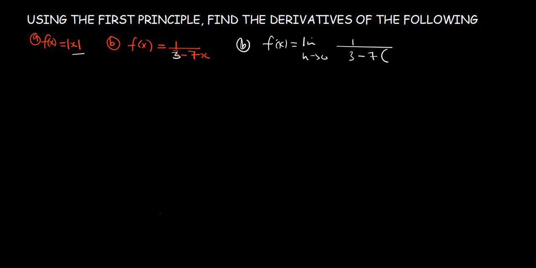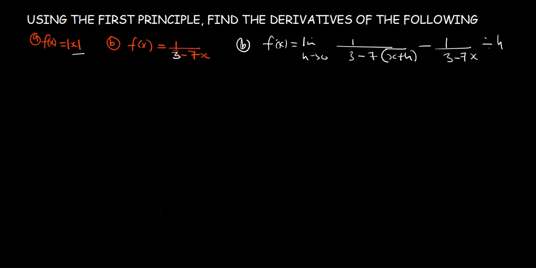Wherever there is x, I'm putting this function. So I'll write 1 there, and after writing 1 there, I'm writing 3 minus 7 times the function. Then after doing this, you subtract the same thing, so you say minus the same function, 3 minus 7x, like that. Hope that is clear. Then you divide throughout by h.